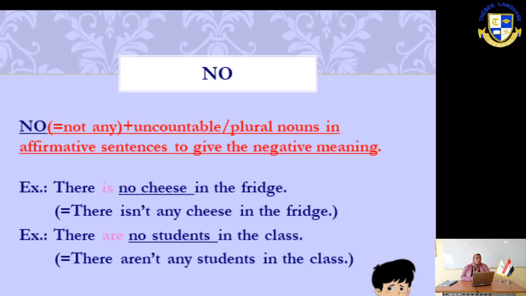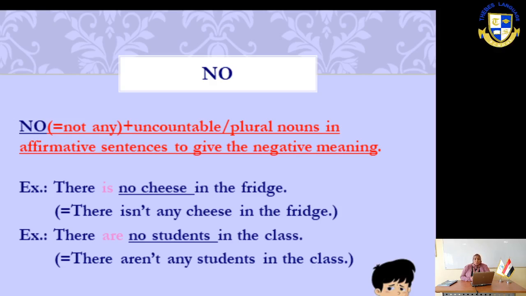So I don't put not with it, but actually I mean a negative sentence. Like the example here, there is no cheese in the fridge. That means I don't have any cheese in the fridge, or there isn't any cheese in the fridge. So I write it in an affirmative sentence, but I mean negative meaning.